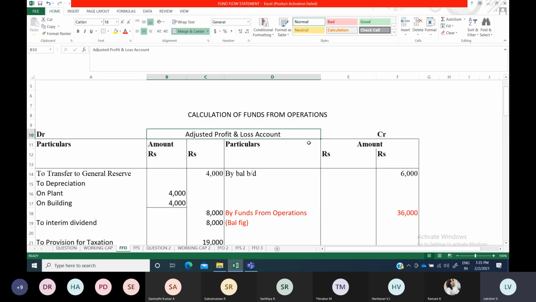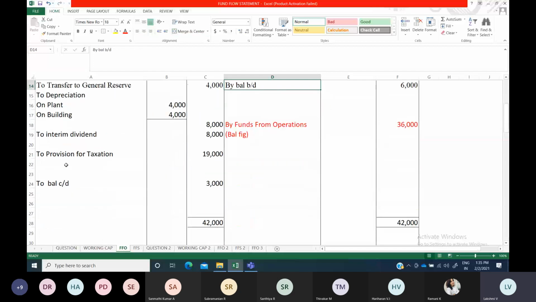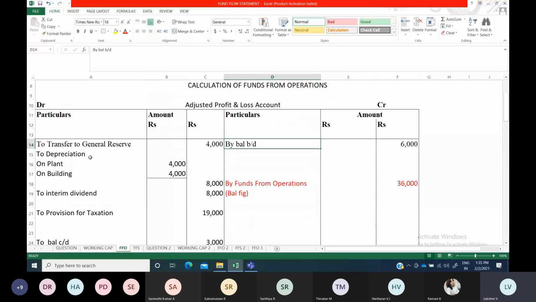Net profit given means statement method. Profit and loss account in the balance sheet, if it is appearing, means opening and closing balance, you will be preparing adjusted P&L. And all the other items you have to take care of, which one to enter on the debit side, credit side. Profit on sale of asset means this side, loss on sale of asset means this side it will come. Other than that, interim dividend paid: interim dividend, if they give, only then it will come here.